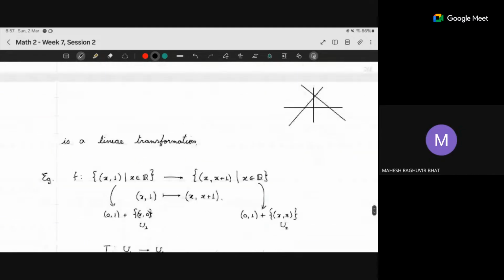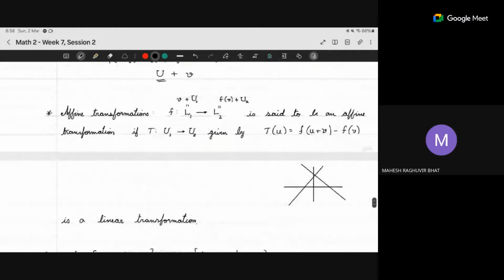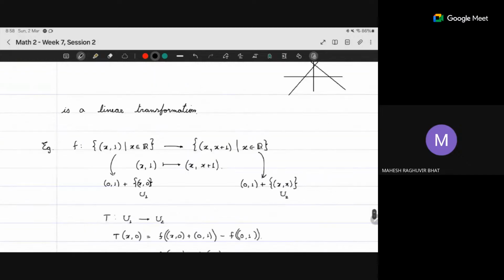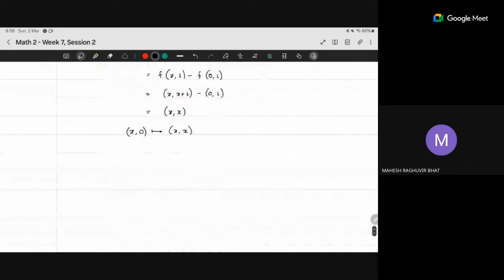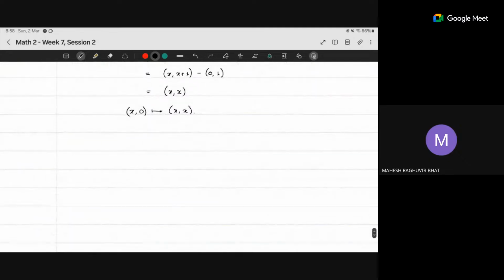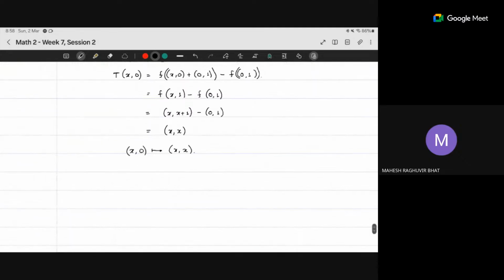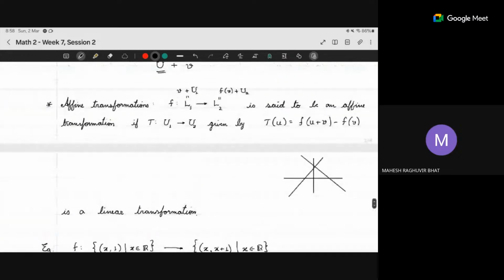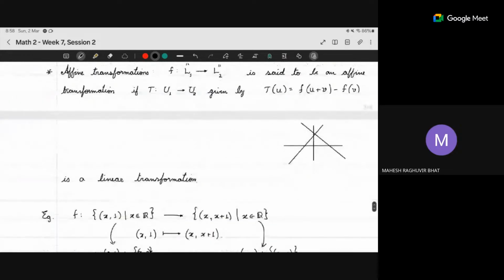Then you have to check whether that map is a linear transformation. So if T is a linear transformation, then F is an affine transformation. Spend some time with it, and you will understand what's happening. But why it is defined this way is a deeper question, which I'll take up only at the end if there is time.